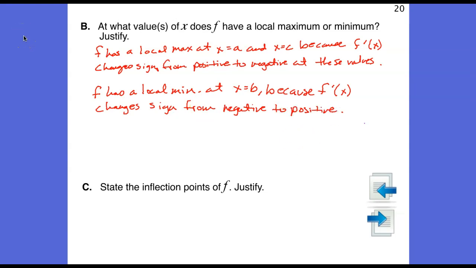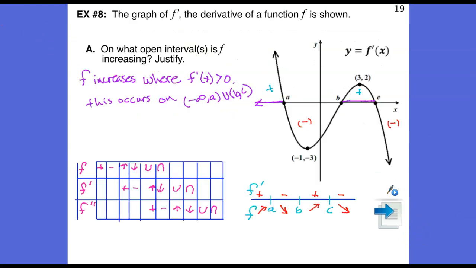Part C says state the inflection points of f and justify. Well, if we go back to our graph, remember, the inflection points will occur where the second derivative is equal to 0 or does not exist. So what we're looking for on our graph of f prime is the slope of the graph of f prime. That's f double prime.